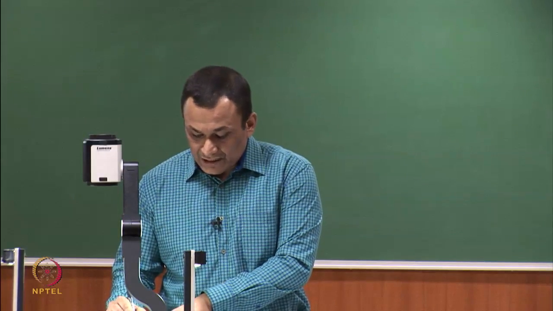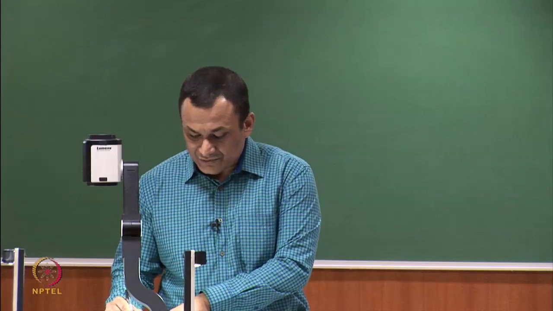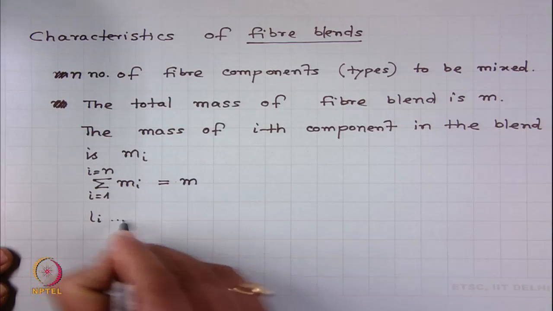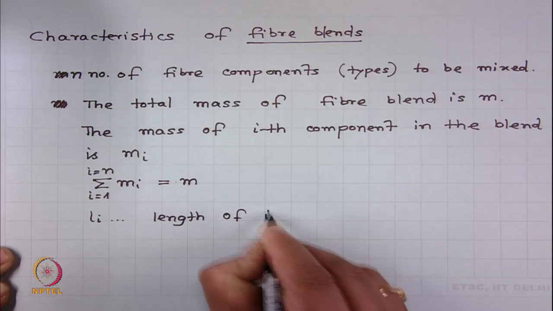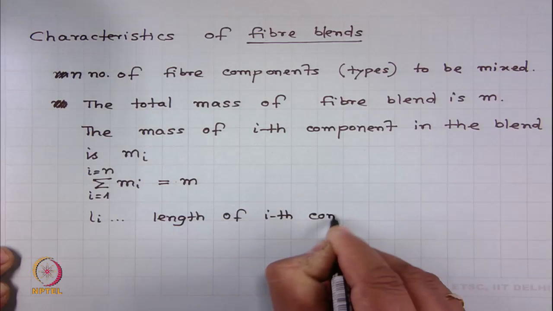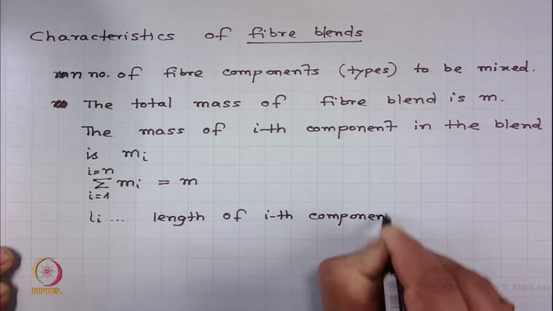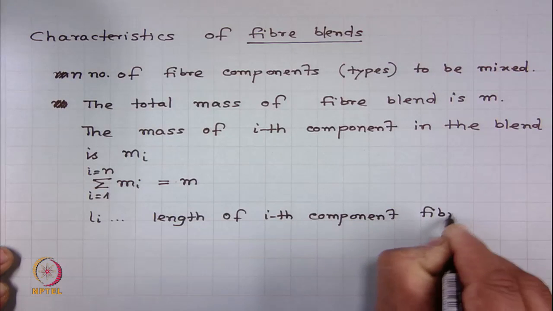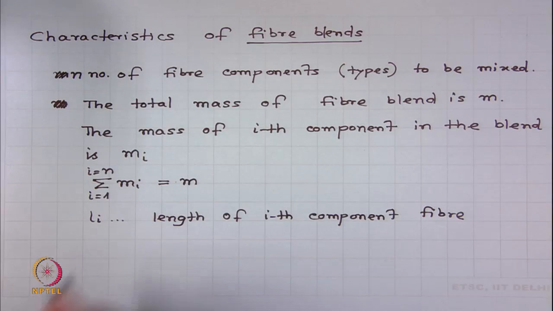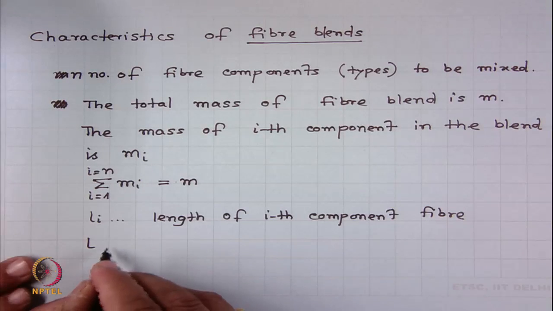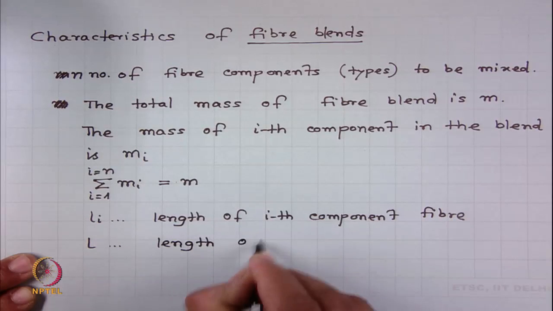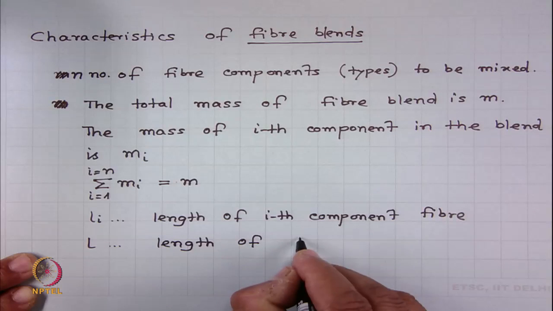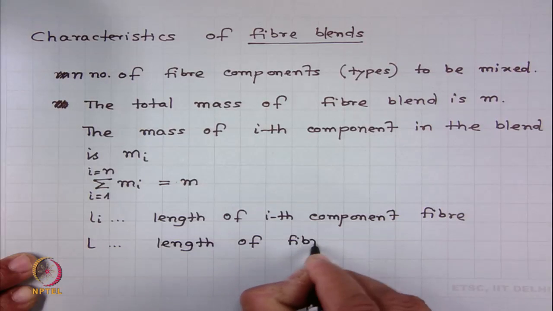So, suppose L subscript I, this is the length of ith component fiber. When we use L without subscript, that will be denoting length of fiber blend.